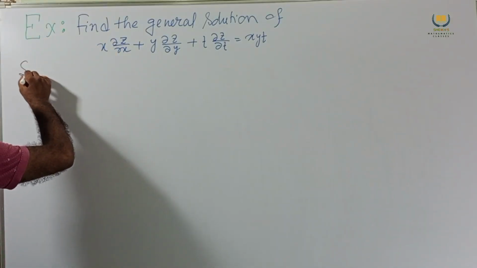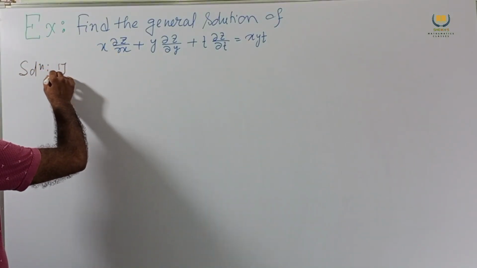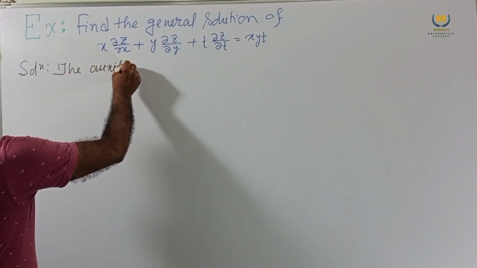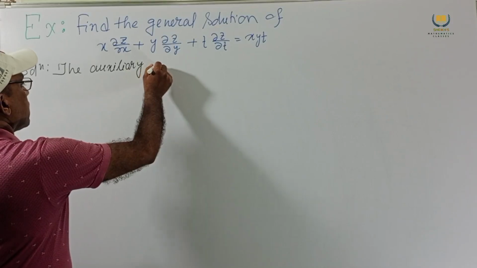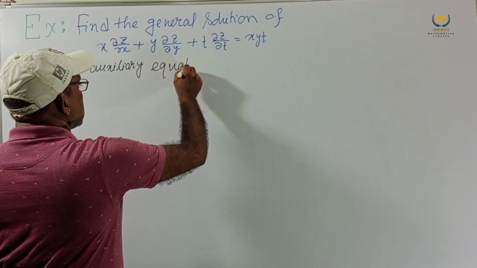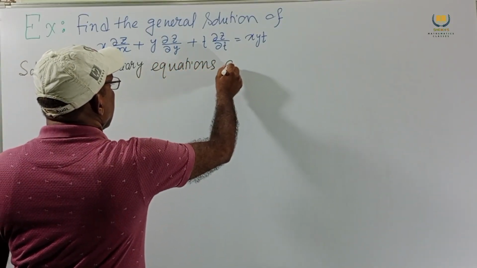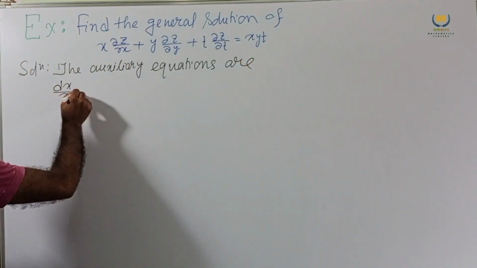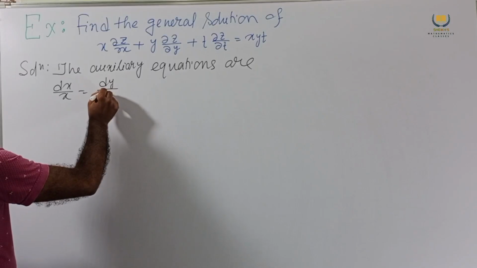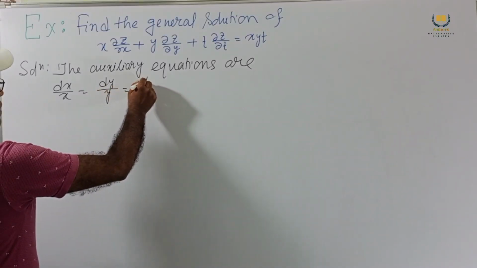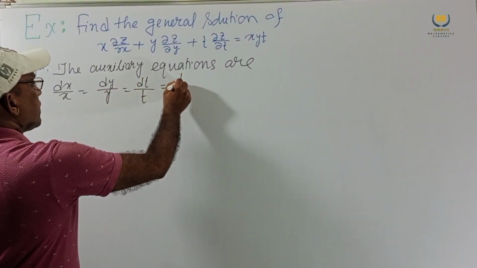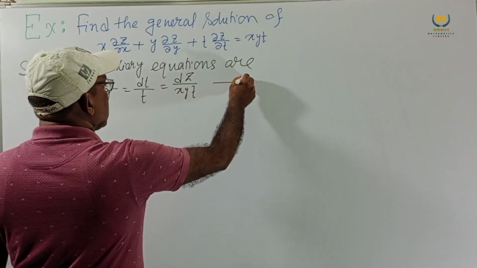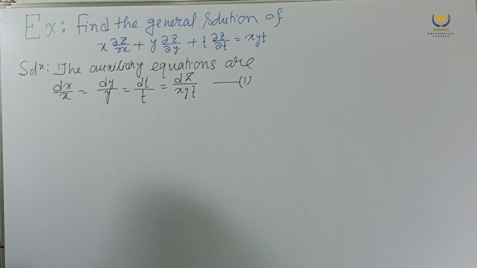Now solution: the auxiliary equations are dx/x = dy/y = dt/t = dz/(xyt). This is number 1 we consider.